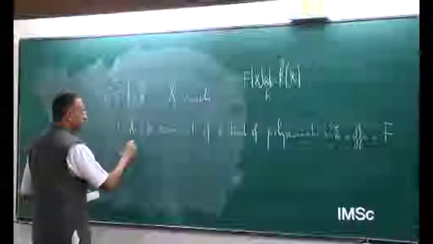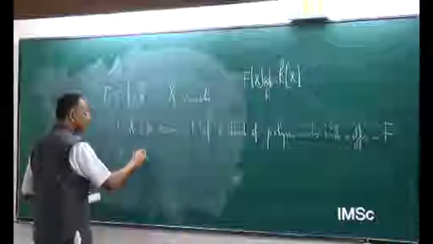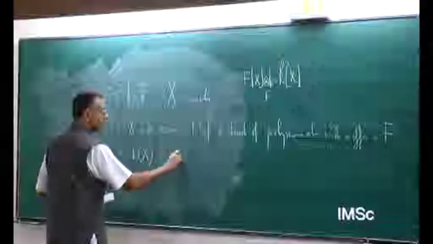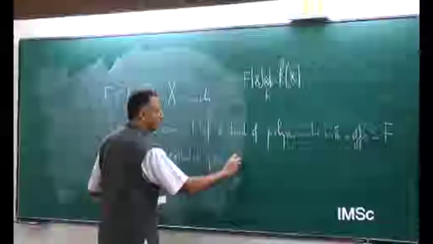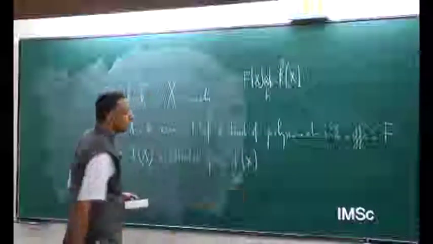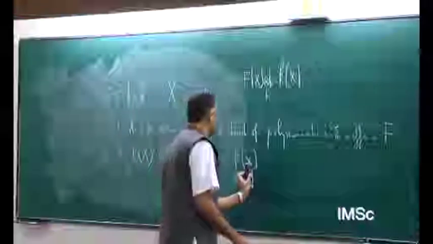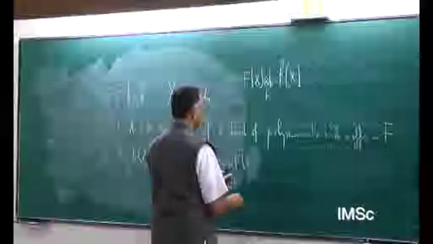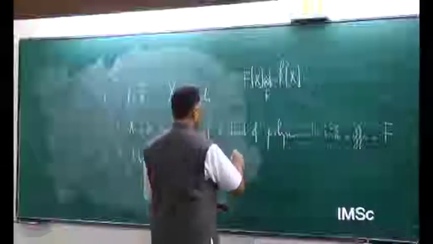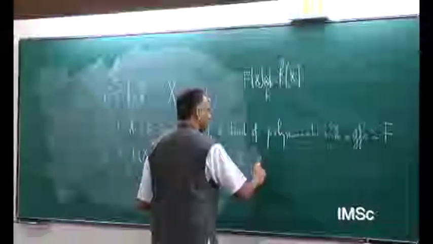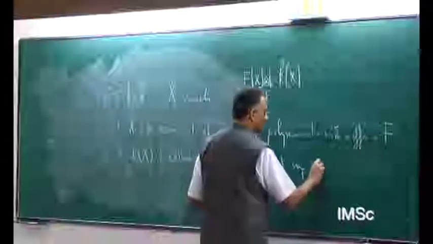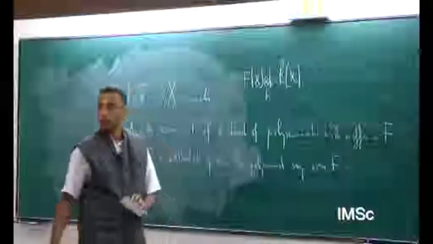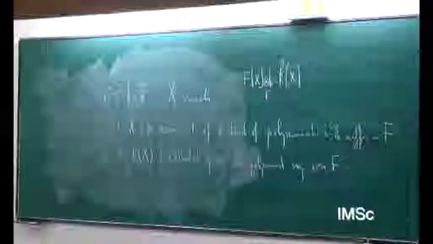So the ideal of X is extended from the polynomial ring over F.